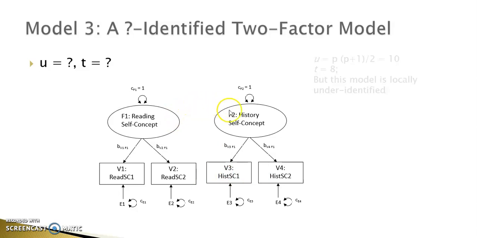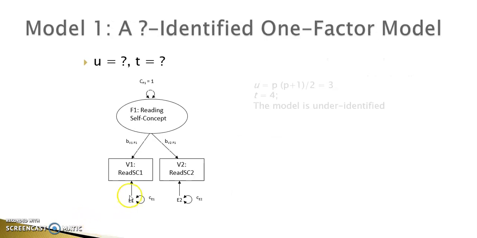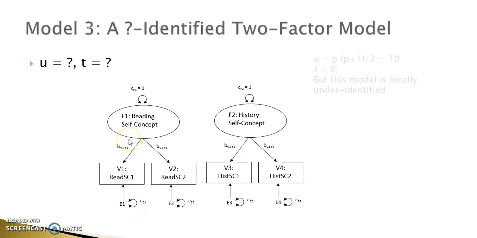Since there is no relation between the 2 latent factors, this model has 2 isolated parts. Each part is the same as the under-identified model 1. Take a look here, they are the same. We are, in fact, dealing with 2 locally under-identified 1-factor CFA models.